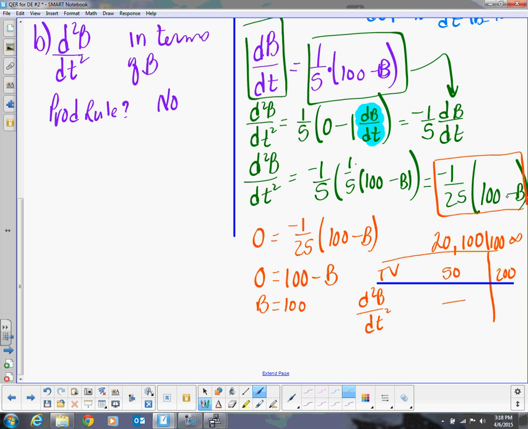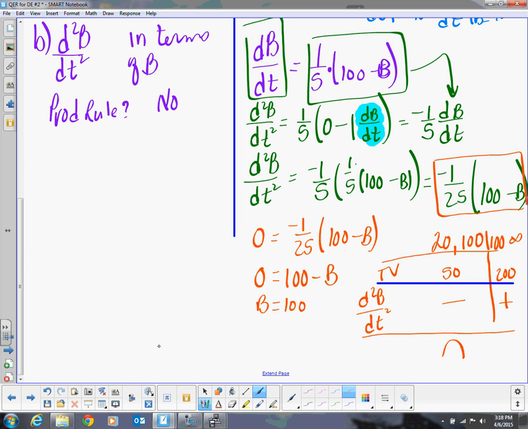If I have 100 minus 200, that's negative 100 times a negative is positive. So what that means is when the weight is from 20 to 100, the graph should be concave down.